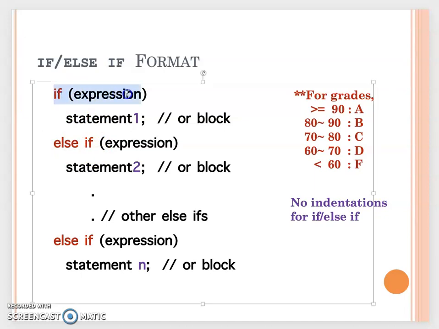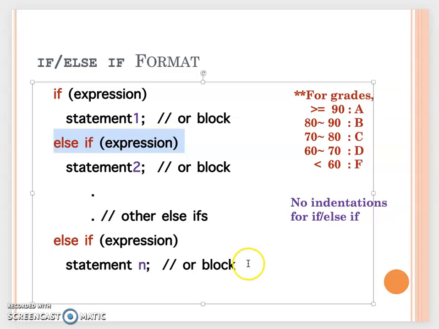After your first if statement, if your grade is greater or equal to 90, you got the A. Else, then we write the if statement right after the else: else space if, then continue, grade greater than 80, then you got the B. Continuously you have a lot of else if.